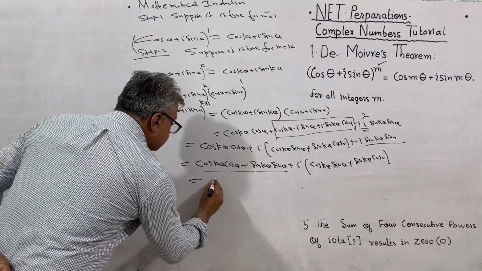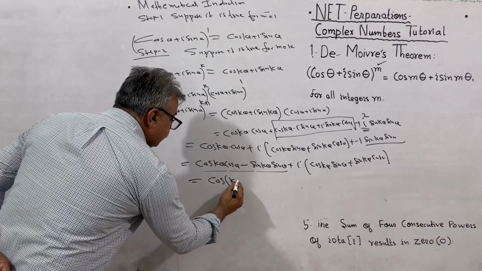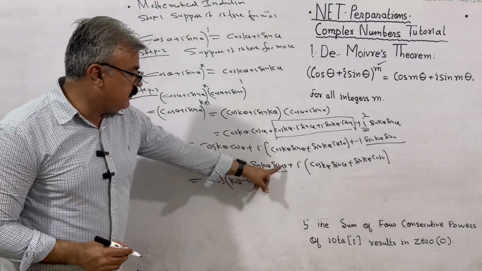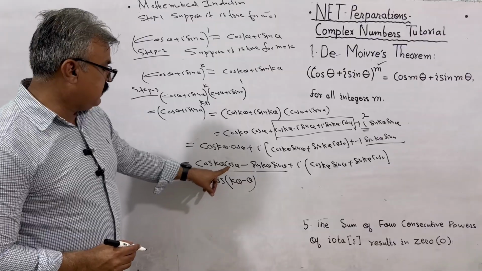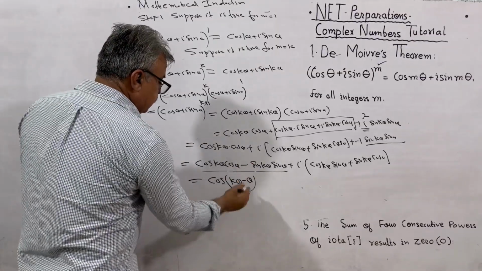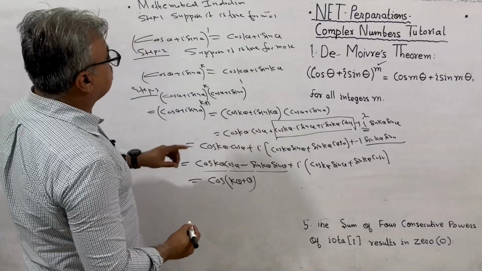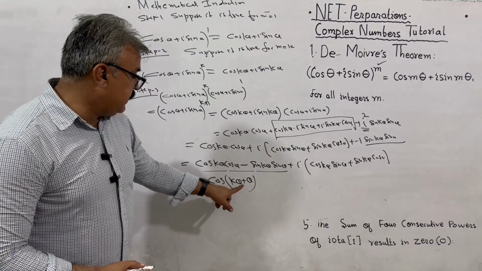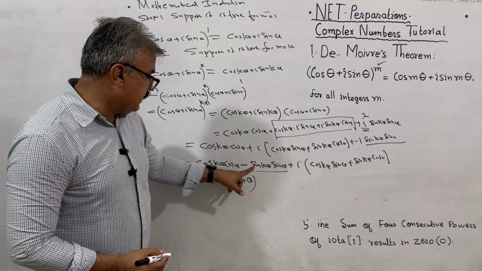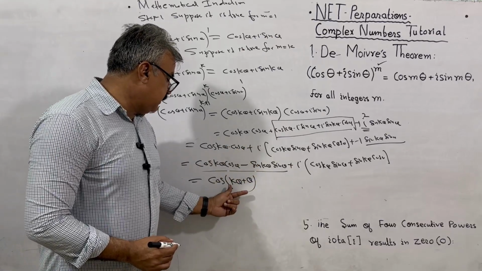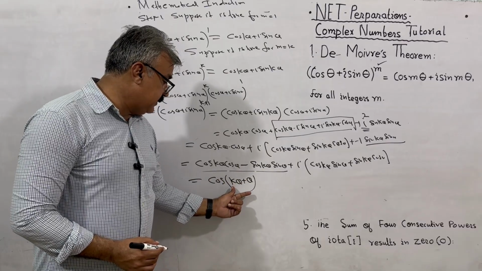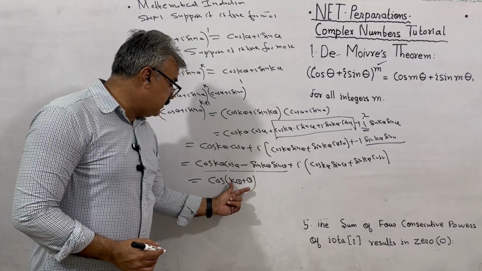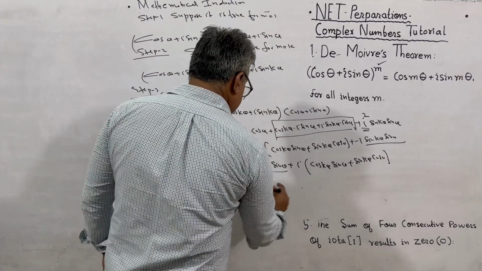It can be merged as cos of k theta plus theta. Minus means plus, basic trigonometry formula. Cos alpha plus beta is given by cos alpha cos beta minus sin alpha sin beta. It is merged as cos alpha plus beta.